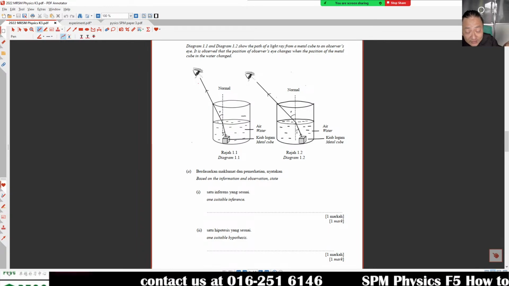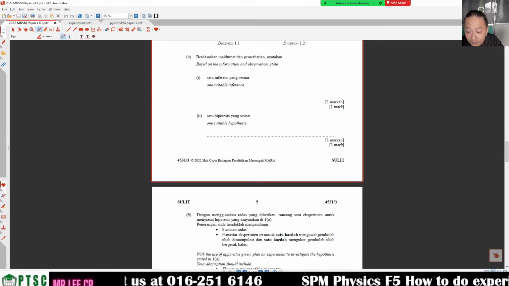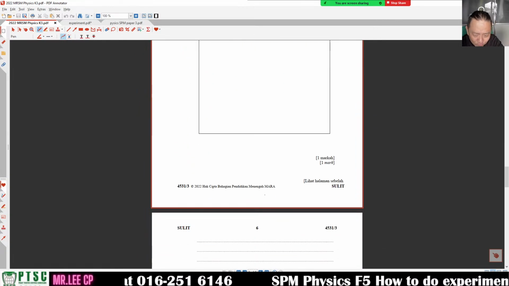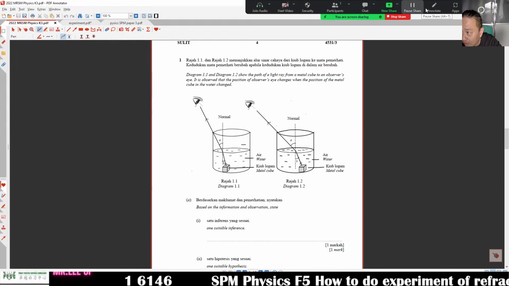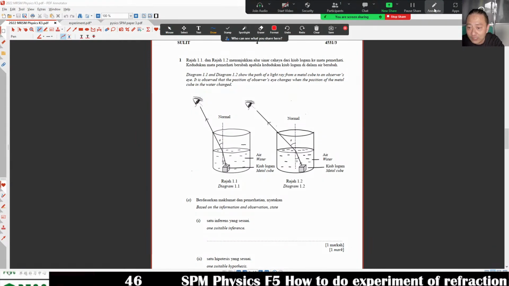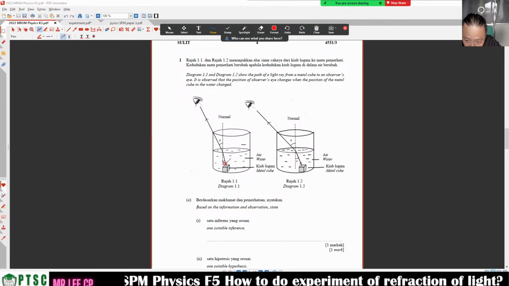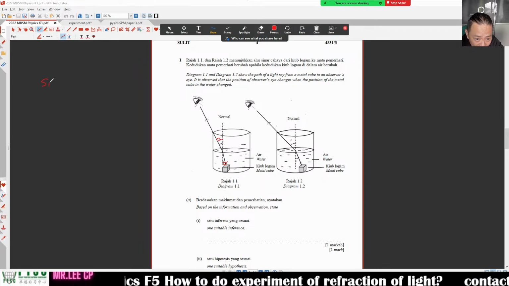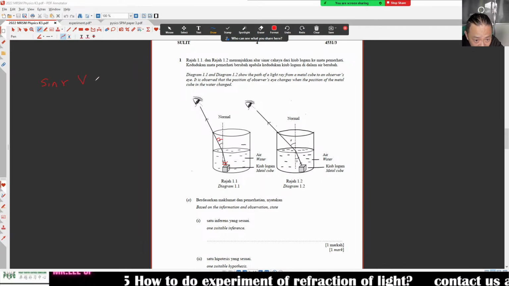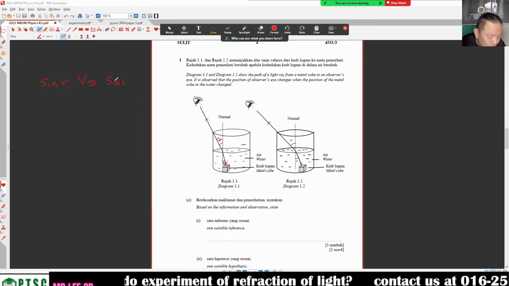Yesterday I did this in the Telegram group also. The second thing is they also ask you, how do you know what they want to plot? This is your manipulated, this is your responding, right? So they will ask you to plot sine R versus sine I. Logically, they have to ask you in this way.